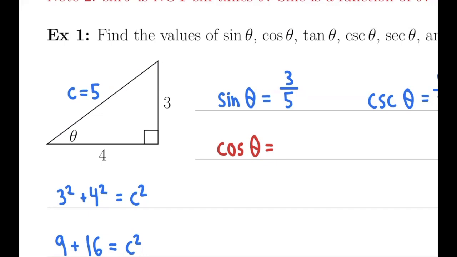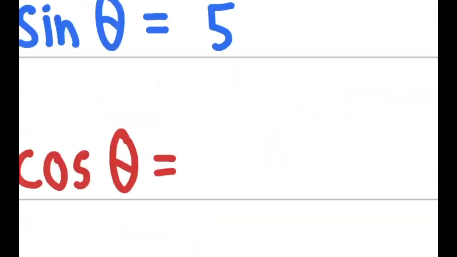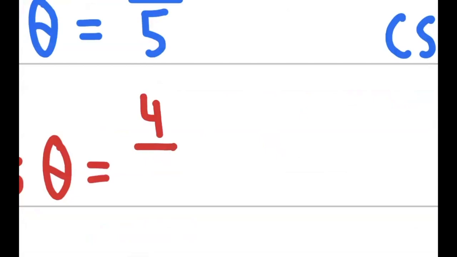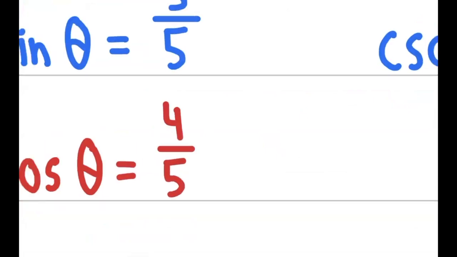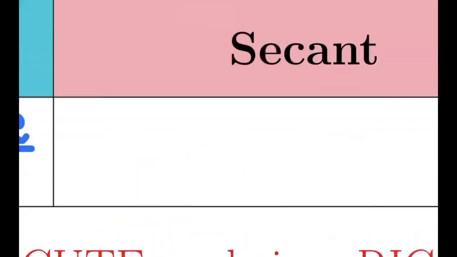Okay, silly me. So cosine of theta, the length of the leg adjacent to theta is 4, and the length of the hypotenuse is 5. So cosine of theta for this triangle is 4 over 5. And then for secant, that's the reciprocal of cosine. So secant is abbreviated SEC.